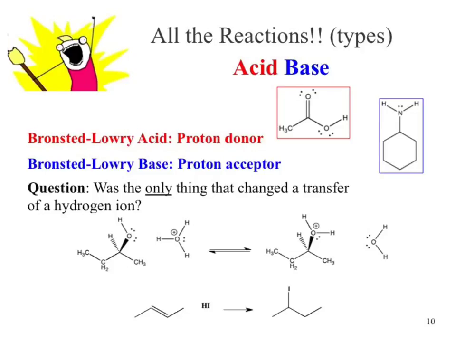It is only the top reaction as an acid-base reaction. The bottom one does show the transfer of a hydrogen ion, but at the same time it also shows the addition of the iodine as well. Okay? So be careful when you look at your reaction, make sure you're classifying it appropriately for the reaction being shown.